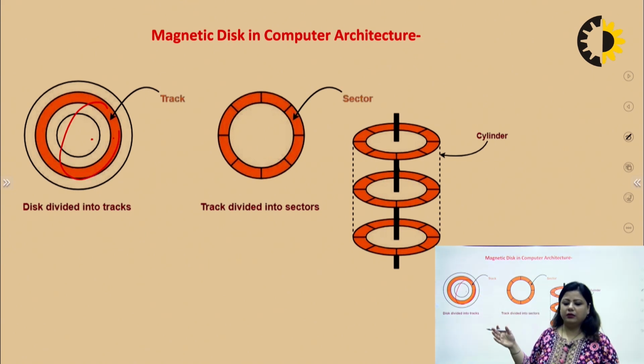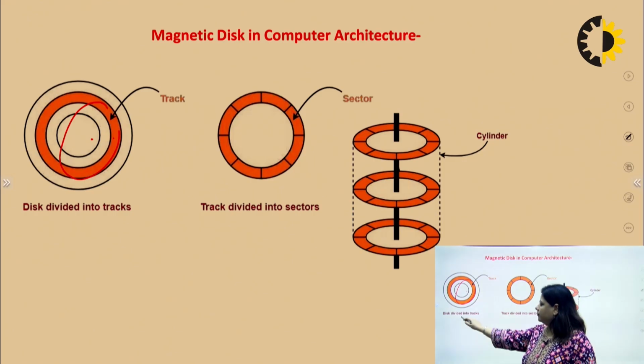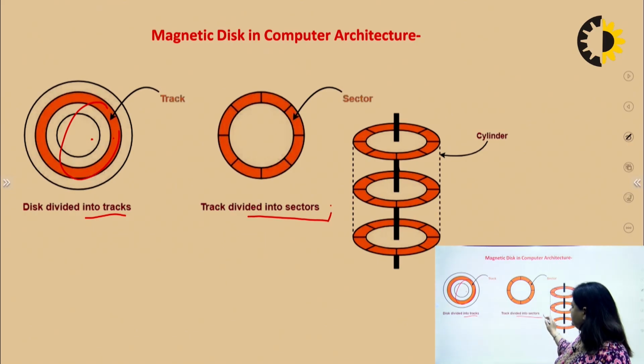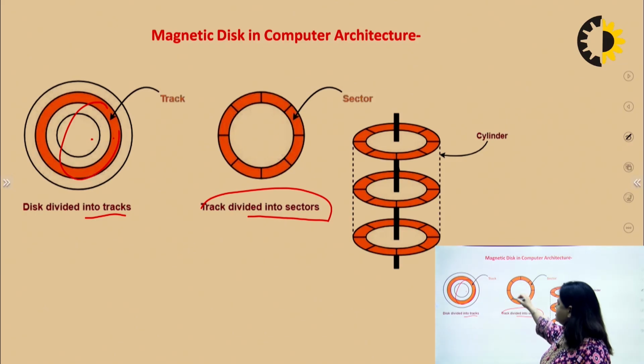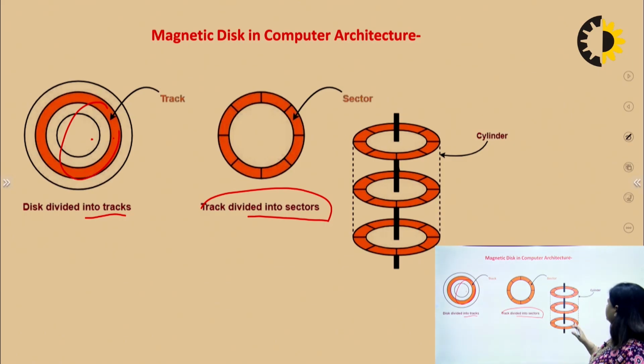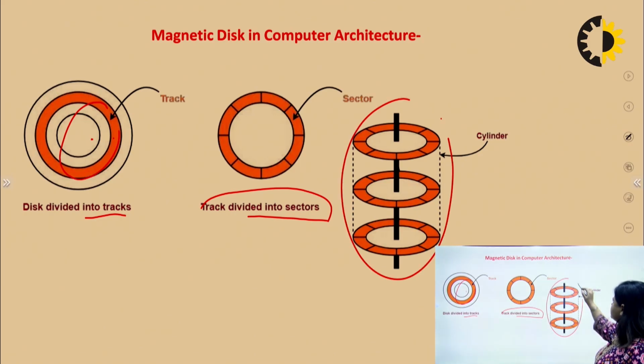The disk is divided into different tracks, and further we divide these tracks into sectors, as we see in this diagram. We manage these magnetic disks in cylindrical form, and this complete structure is known as the cylinder.